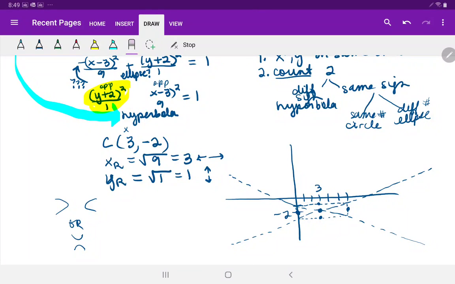This minus, oops, that was an eraser, not a highlighter. Oops. Let's see. I'll just rewrite it. That's interesting.